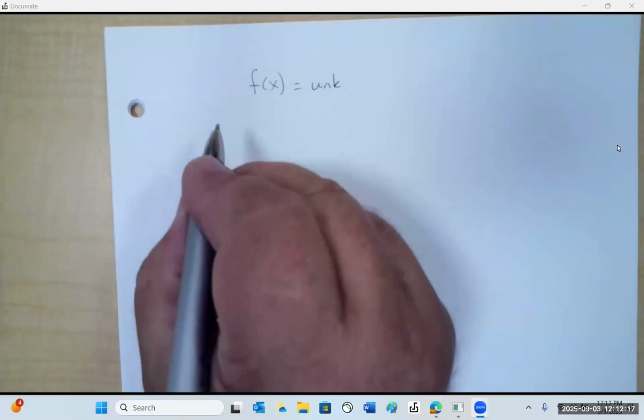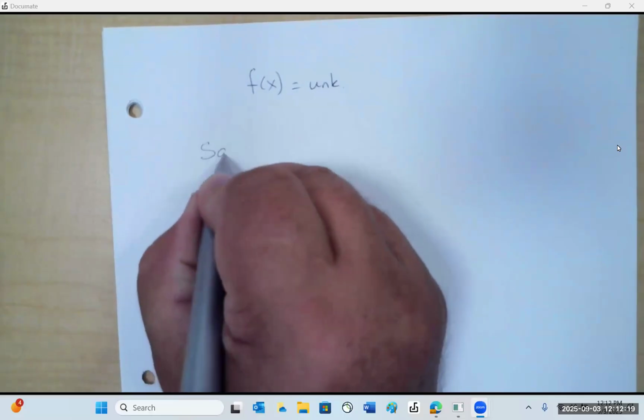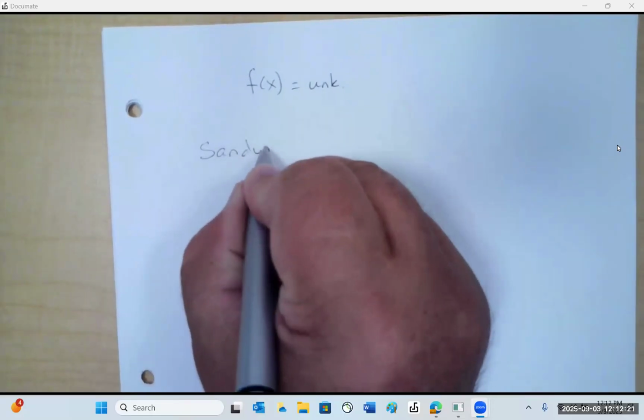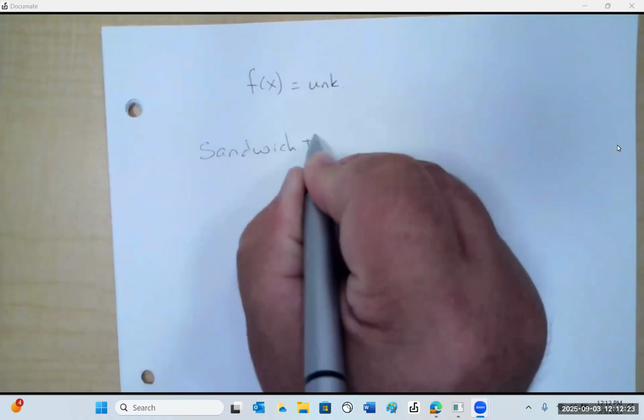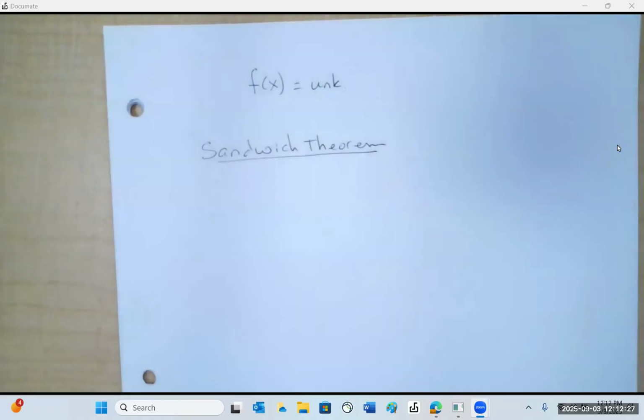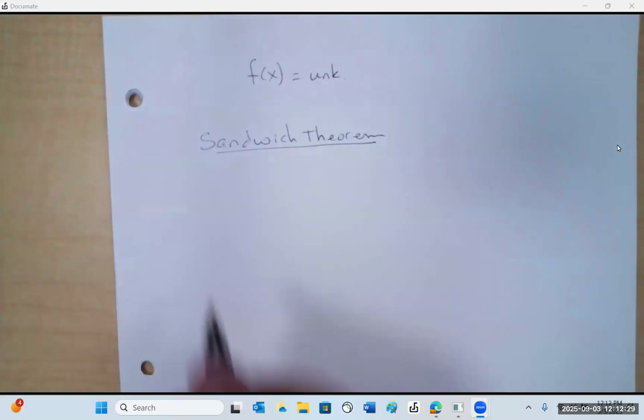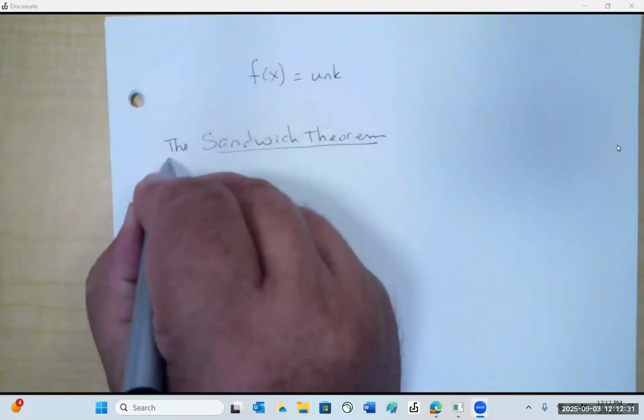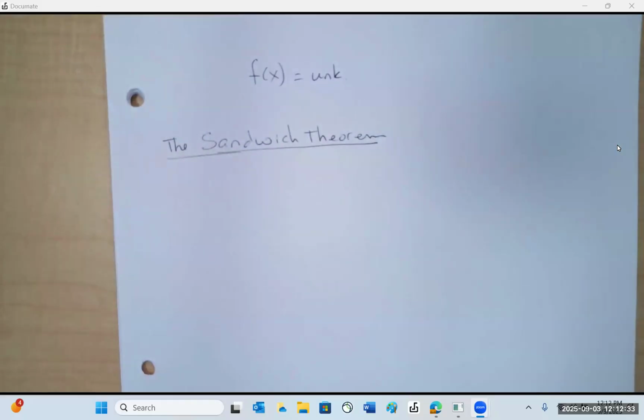There's a theorem called the sandwich theorem, and let me give it to you correctly here. But basically, what does a sandwich look like? You have a piece of bread on the bottom, a piece of bread on top, and the stuff in the middle.